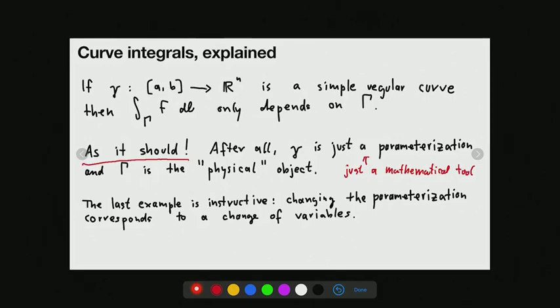And, okay, in the last example that we've seen, we saw that changing the parameterization corresponds to a change of variables. That's an important observation because changing the parameterization is nothing but a change of variables in an integral.